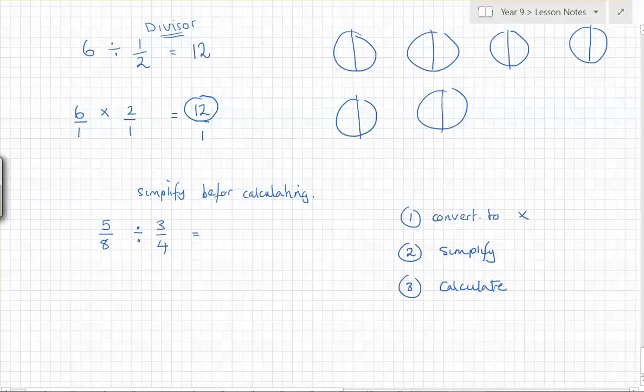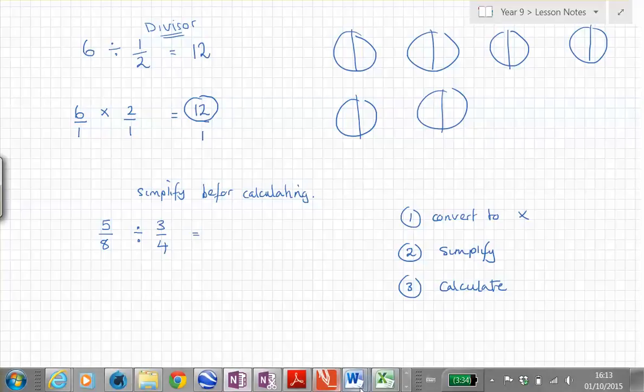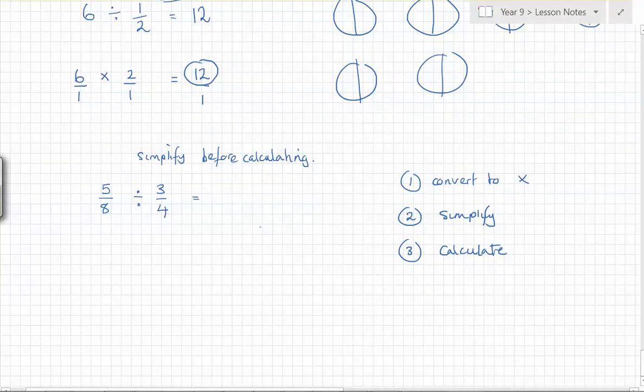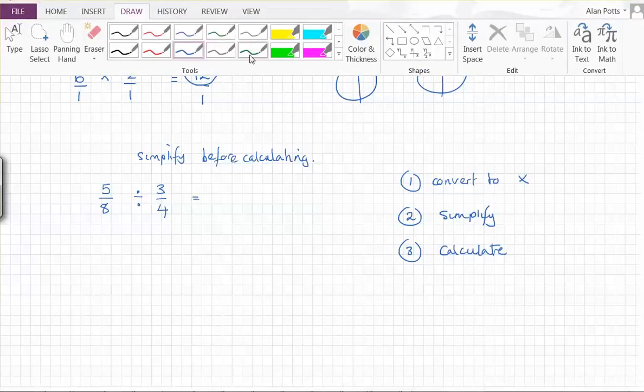So the first one's really easy. Right, so what do you think we should do first?